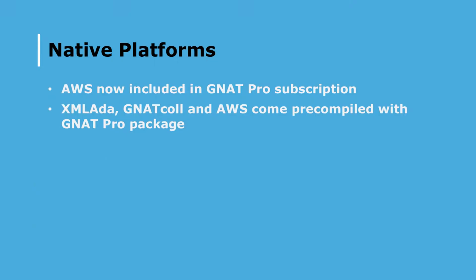A few changes this year on native configurations. One of the changes is that AWS will now be included by default in all our subscriptions. Up to now it was a separate add-on, and now AWS is part of all GNAT Pro subscriptions. So if you had not had a chance yet to have a look at it, you will now be able to use it out of the box.